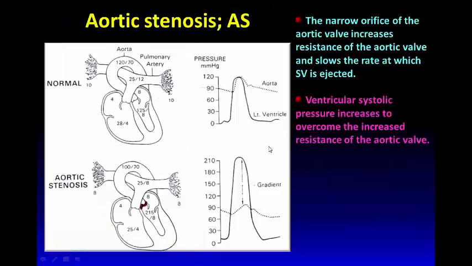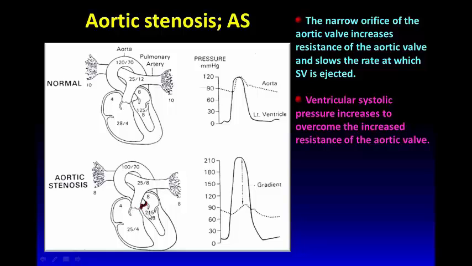Let's now describe the hemodynamics of aortic stenosis. We mentioned that in aortic stenosis there is narrowing of the aortic valve orifice. This narrowing increases the resistance of the aortic valve.